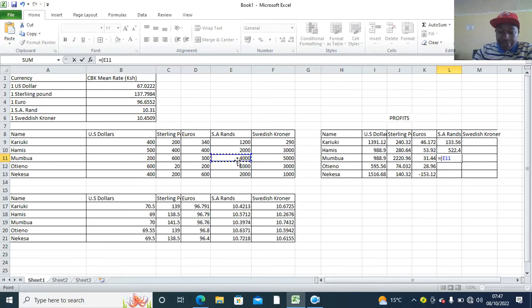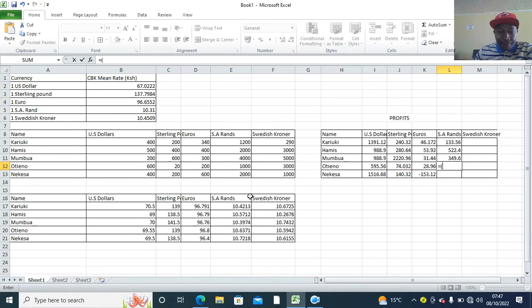We have 4000 multiplied by that one, close the bracket, minus, open the bracket, the same multiplied by that one, close the bracket, enter, equals, open the bracket.